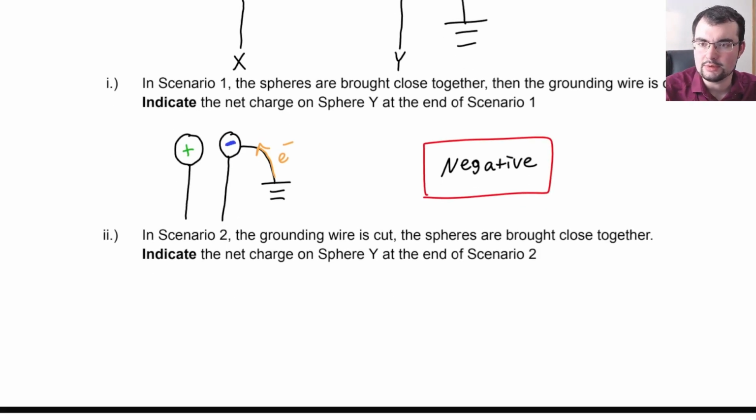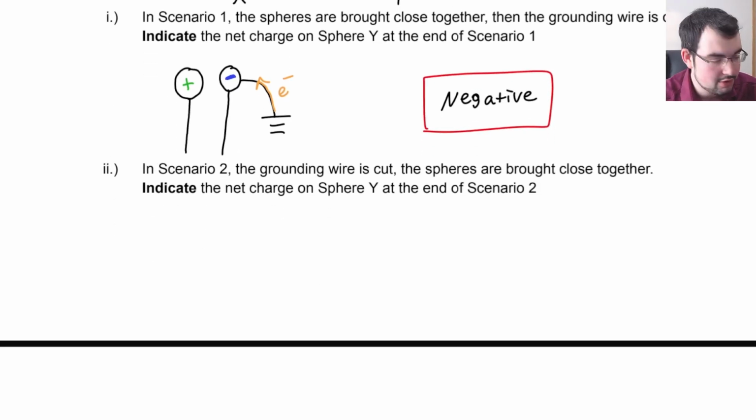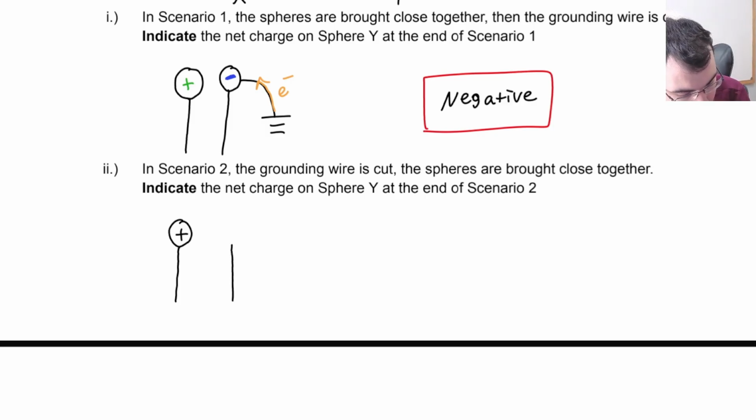But in scenario 2, we ground the wire. We cut the wire, then we bring the spheres close together. So if we do that, we get this scenario where the charges in the sphere are going to polarize or separate.